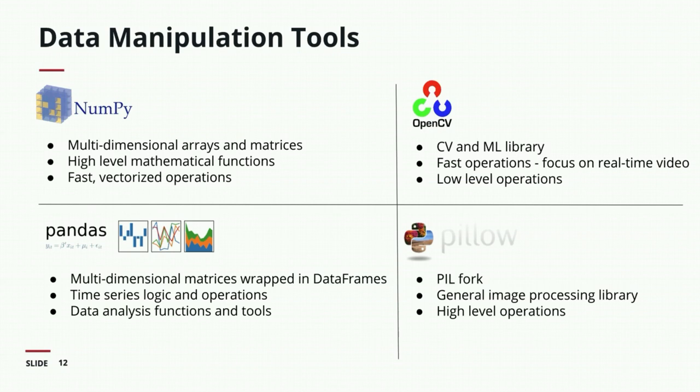Pandas is another one that's really important to mention. Closely related to NumPy, but different. With pandas, the key structure is also matrix based, but you interact with this matrix through a wrapper called a data frame. What I find pandas really good at that NumPy maybe isn't quite as good at is dealing with time series data.